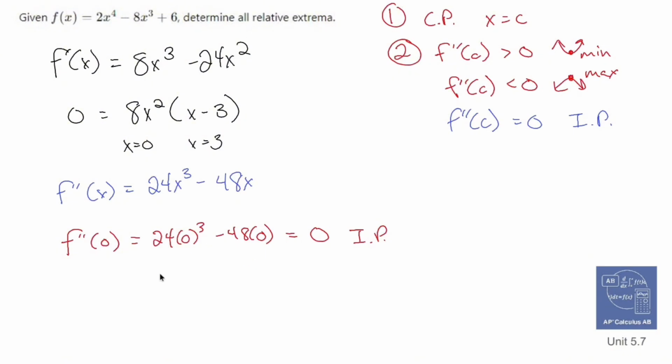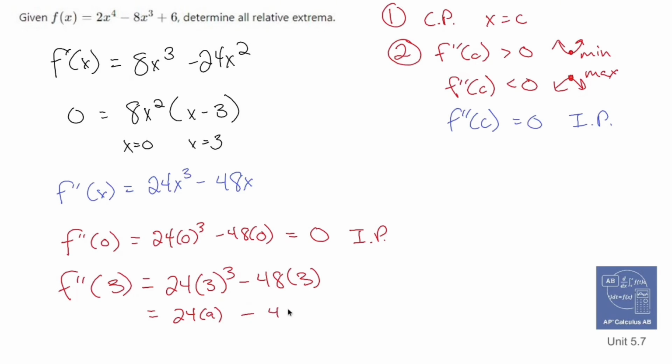So 0 ain't it. f double prime of 3 is going to be 24 times 3 cubed minus 48 times 3. That's going to be 24 times 9 minus 48 times 3, which is going to be, I don't know, 200 something minus like 100 something.